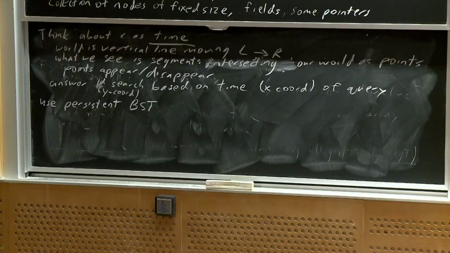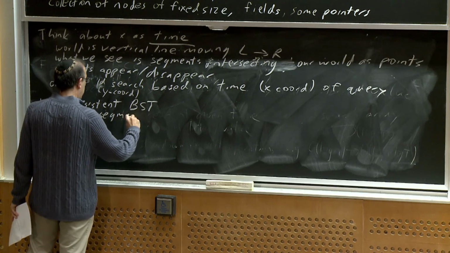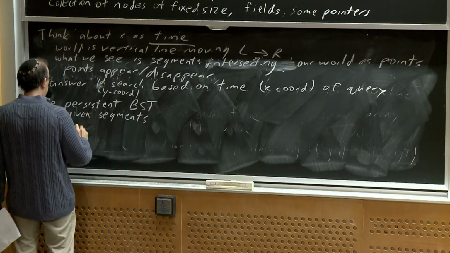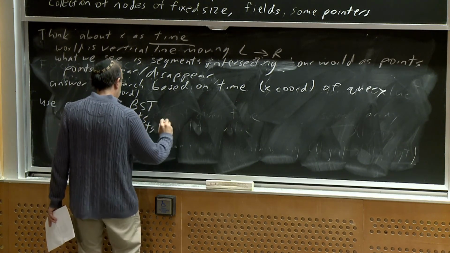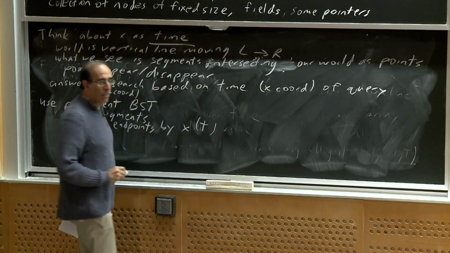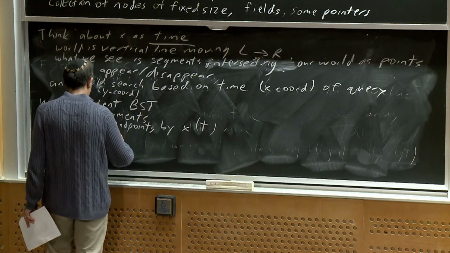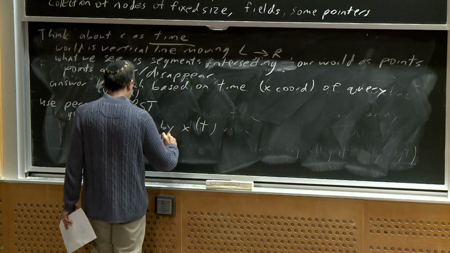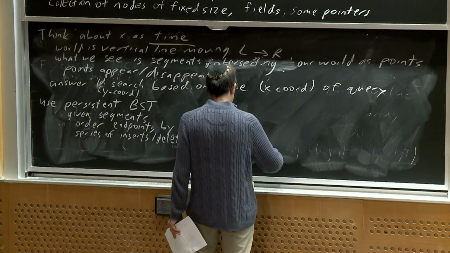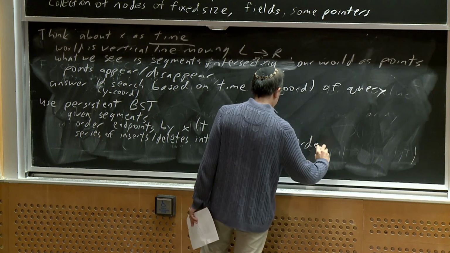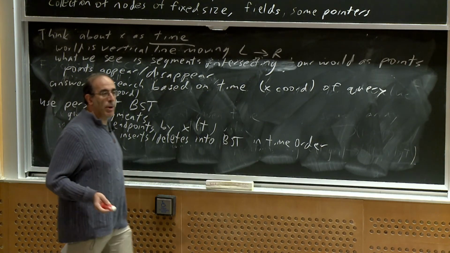Given the segments, we are simply going to order the endpoints by x coordinate, which is the time coordinate, and we'll then do a series of inserts and deletes into the binary search tree in time order. And when we're done, we'll have this persistent binary search tree.